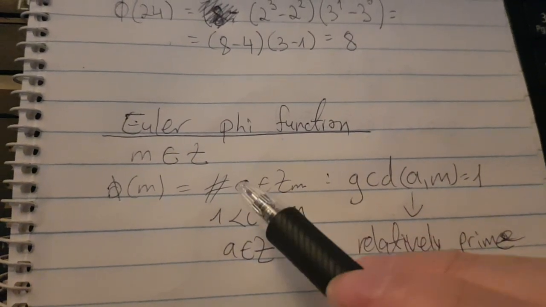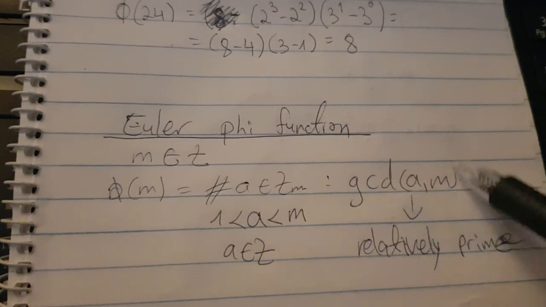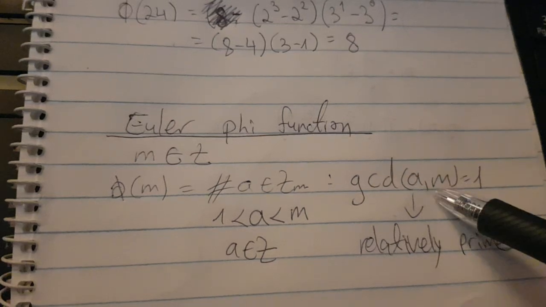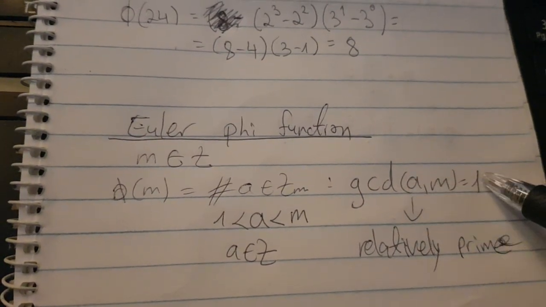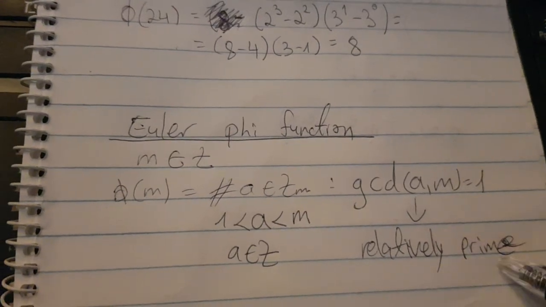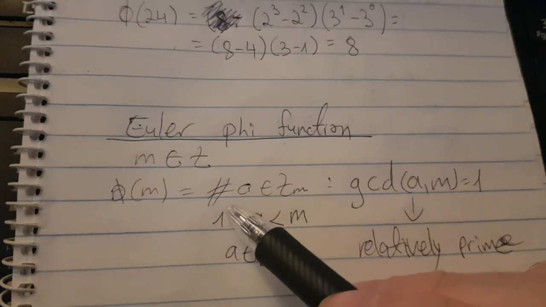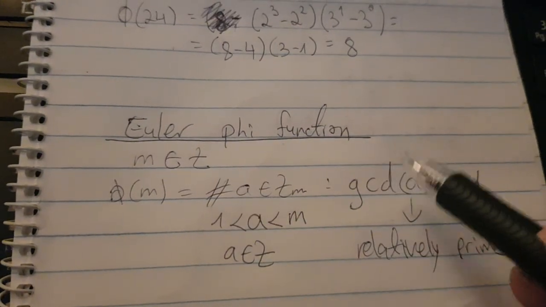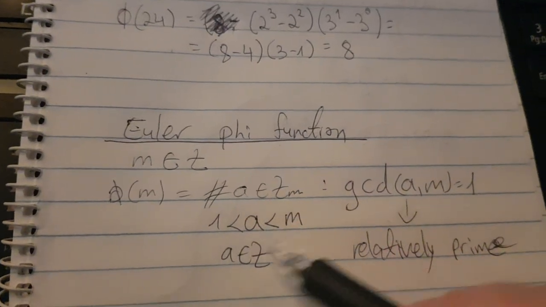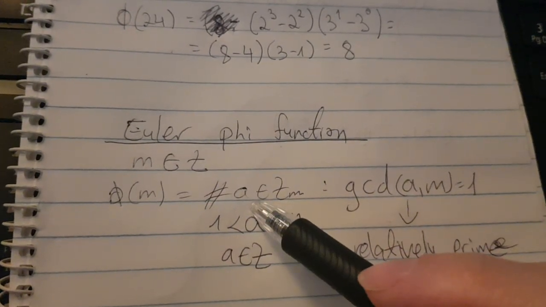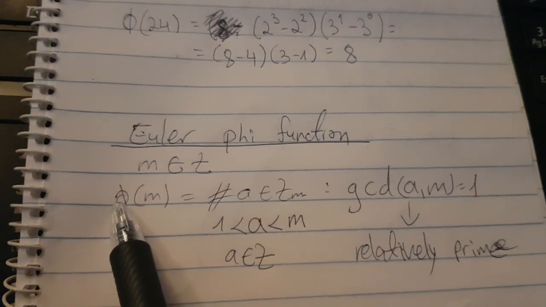Every integer in this range which satisfies this condition, that the greatest common divisor of a and m is 1, is relatively prime to m. If we count all of those numbers which are relatively prime to m in this range, the amount of them is the Euler phi function of m.